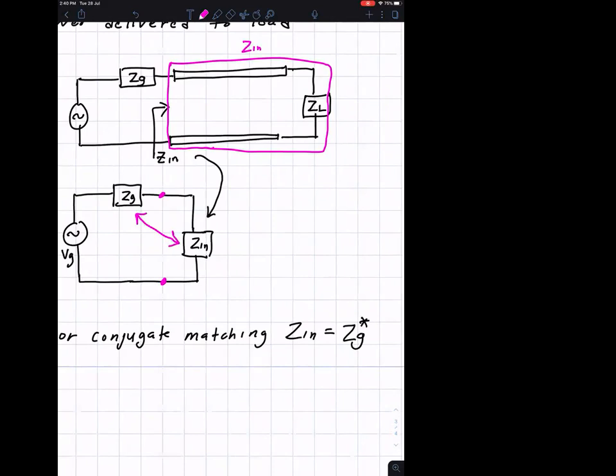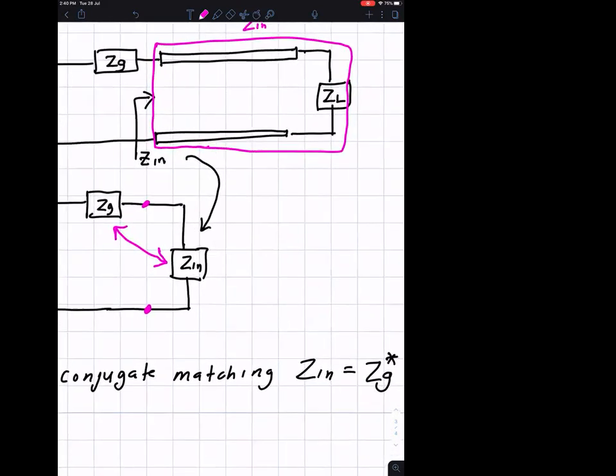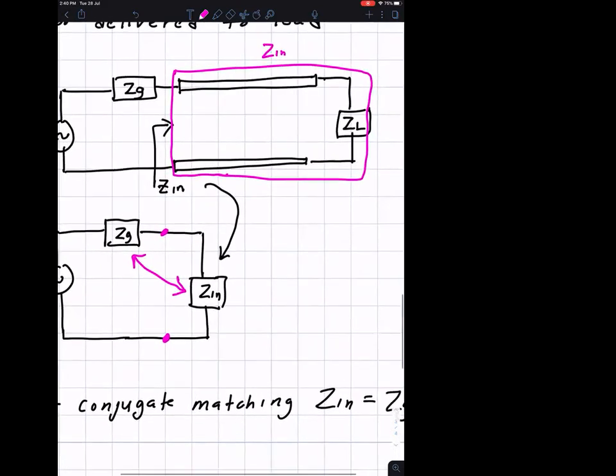So for example, ZG can be RG plus j XG. Z in is R in plus j X in. So they have imaginary and real parts.